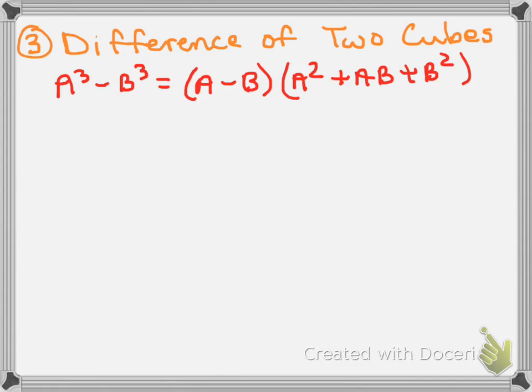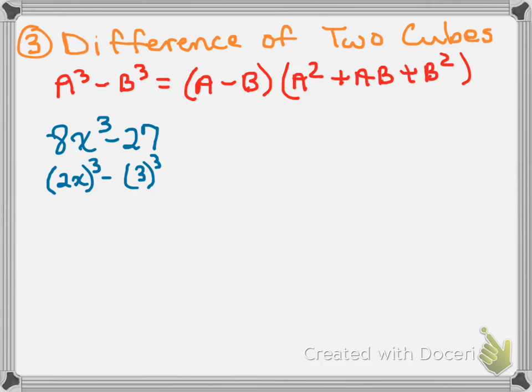Let's look at an example. For this, let's look at 8x cubed minus 27. Again, we want to look at what is the a term, what is the b term. Once you've identified a and b, it makes it a little simpler to factor. Since a is 2x, you'll have 2x minus the b term, which is 3.